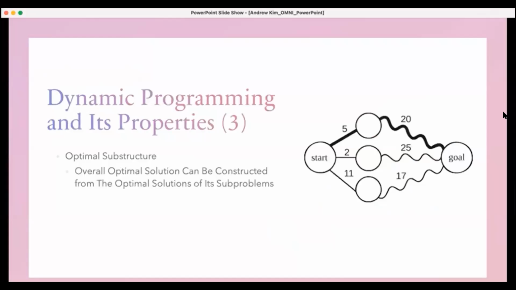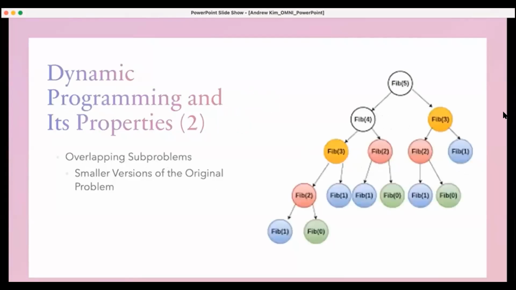Second, a problem must also have an optimal substructure property. Any problem has optimal substructure property if its overall optimal solution can be constructed from the optimal solutions of its subproblems. If you look at the Fibonacci tree again, the fifth Fibonacci number is a product of the third and fourth Fibonacci numbers.